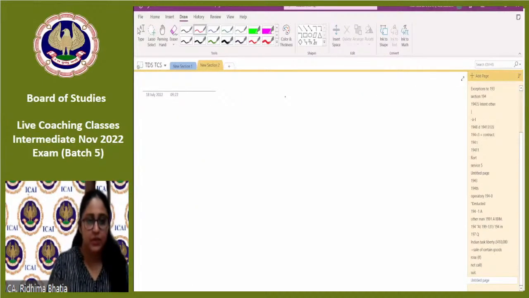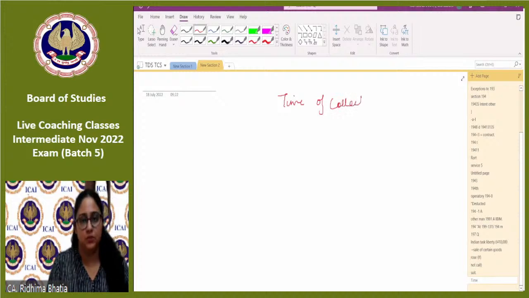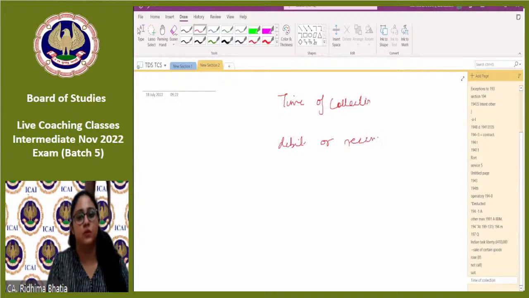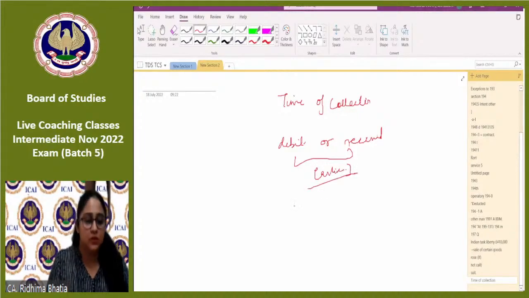So time of collection in TCS is same, debit or receive, whichever is earlier. यहाँ पे consideration receive करना या the amount which is debited, whichever is earlier, उस डेट पे टीसीएस कलेक्ट होगा.